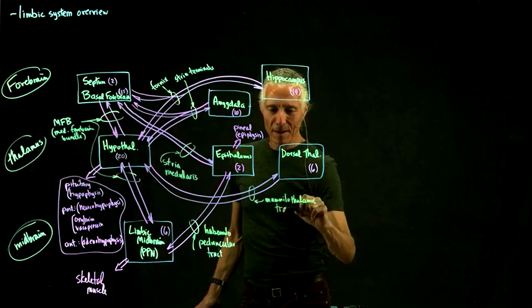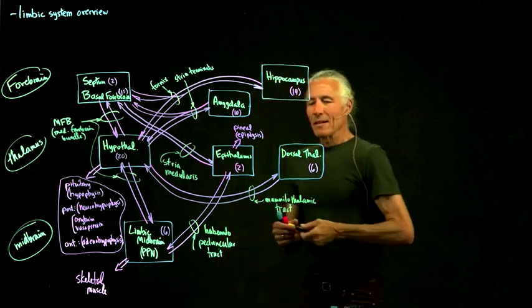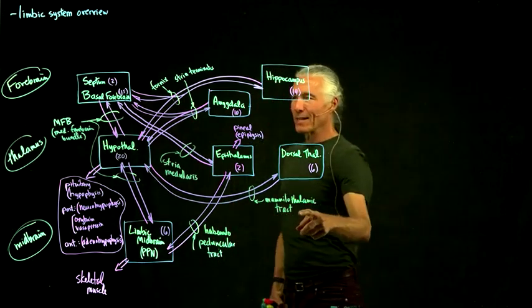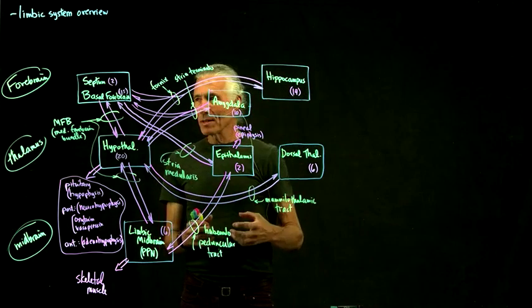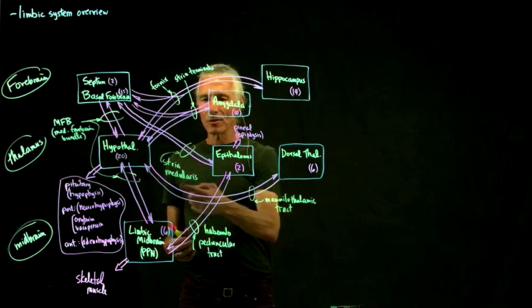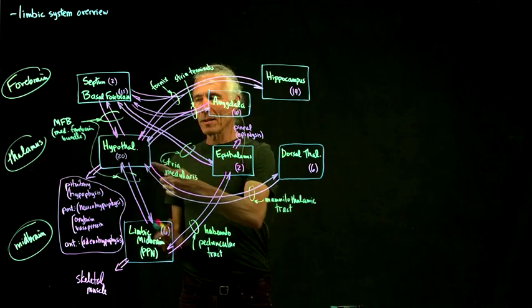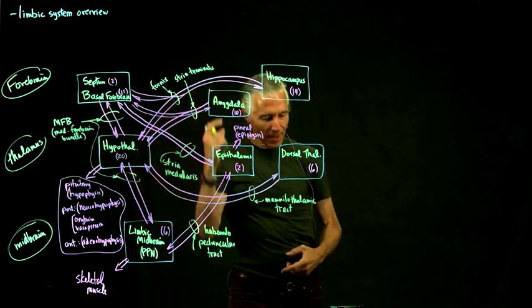Why is it the mammillothalamic tract? If you look at the mammillary bodies, those are sort of breast-like bodies on the bottom of the hypothalamus. This is a big tract that goes between the dorsal thalamus and those hypothalamic structures.